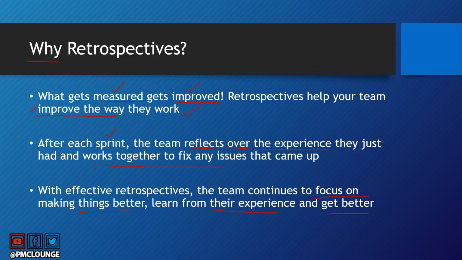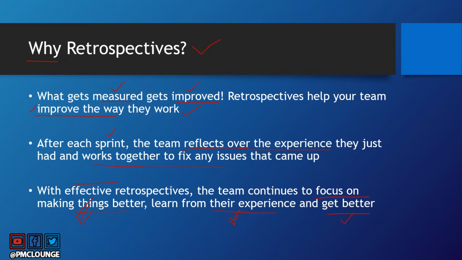So the focus here is to make your processes better, make your tools better, make the way you function better, learn from whatever experience you have just had, and overall get better as a team. That is the goal of effective retrospectives, and that is why we need them.